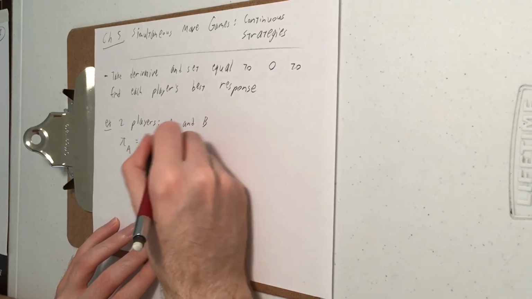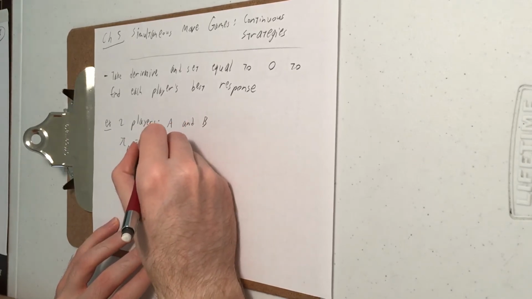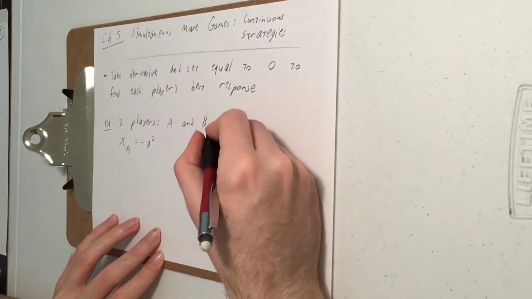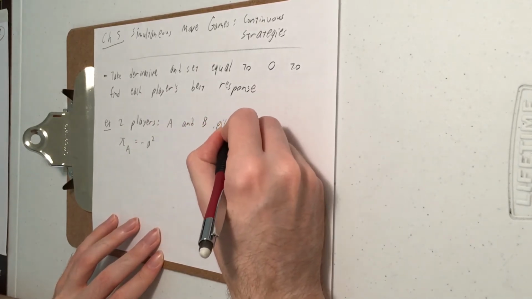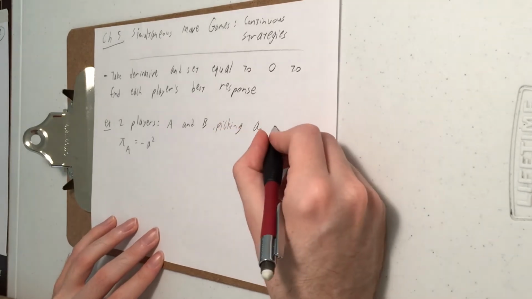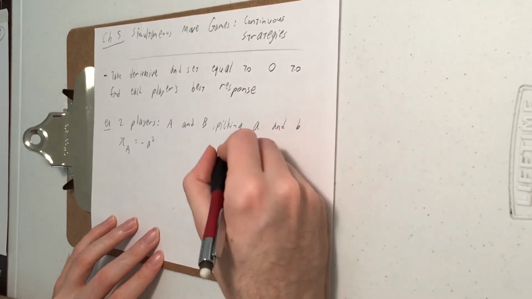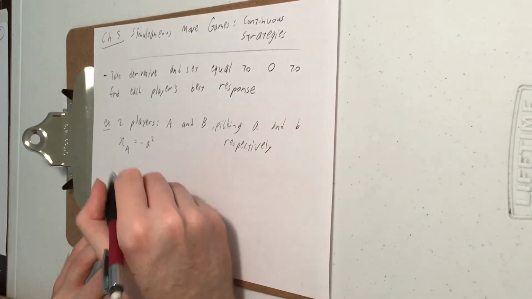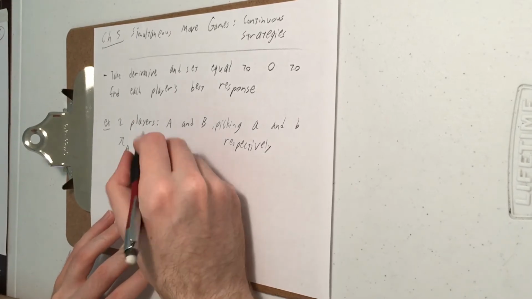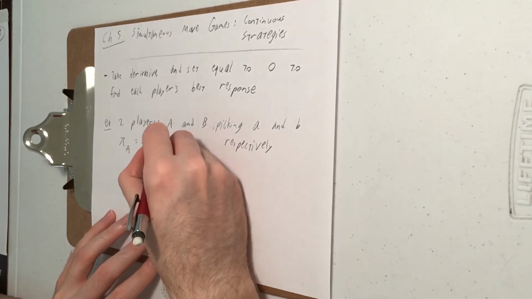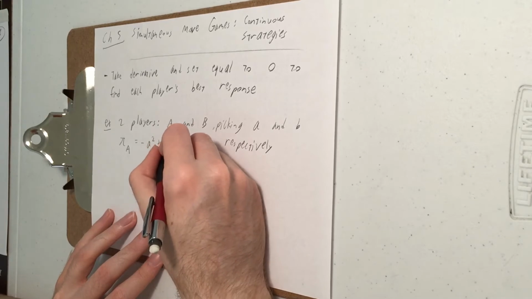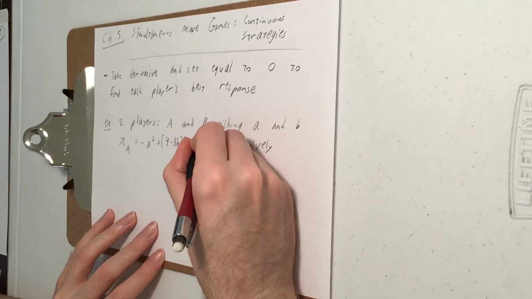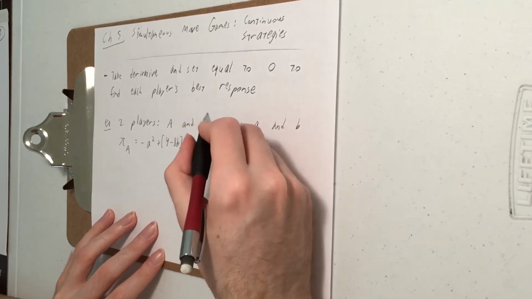So player A chooses strategy little a, and a can be any real number. A's payoff is minus a squared plus 4 minus 8b times a plus 17b.